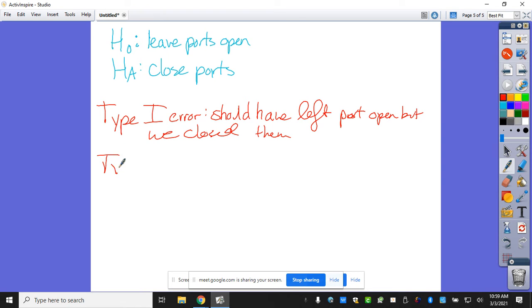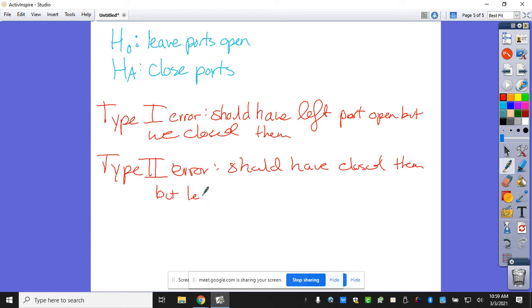So what would a type 2 error be here? Should have closed them. So here, if we should have left them open, but we closed them, what is the backlash that's going to occur?